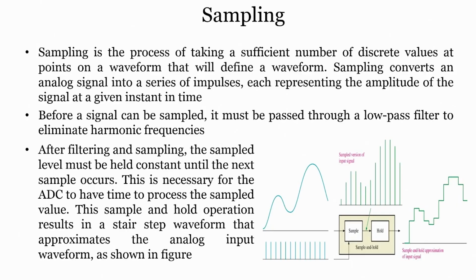Sampling is a process of taking a sufficient number of discrete values at points on a waveform that will define the waveform. Suppose I have this waveform, and I take sufficient points on this waveform, here, here, here, here, here.